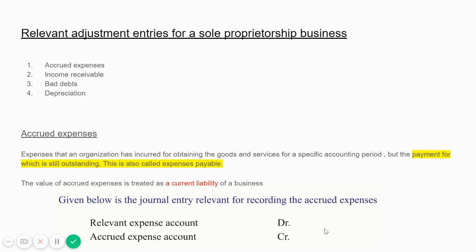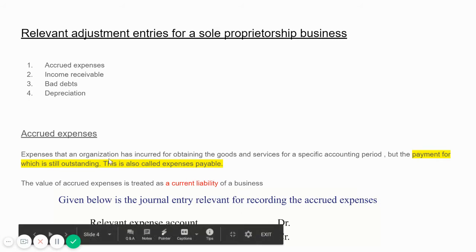And you can be tested in different angles, in different manners in the question paper, in the first paper itself and the second paper, basically in the last question, preparation of financial statements. Okay. So thereby we'll move on to the first type of adjustment entries, which is known as accrued expenses.